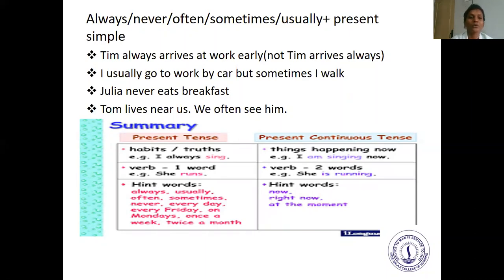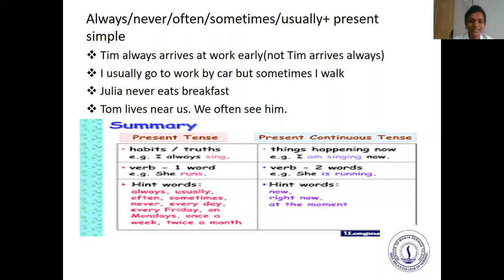Don't say I go usually to work by car. So usually takes the place before a verb. Julia never eats breakfast. That is the correct way of conveying the sentence. Tom lives near us. We often see him. So don't say we see him often.